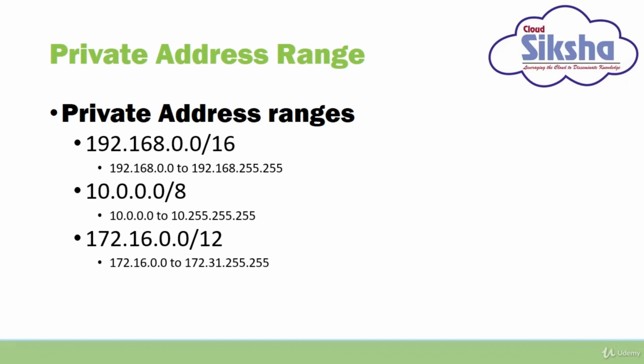Here starting from 10.0.0.0 all the way up to 10.255.255.255. This range is again a private address range, and we have the 172.16 range, where this is from 172.16.0.0 to 172.31.255.255.